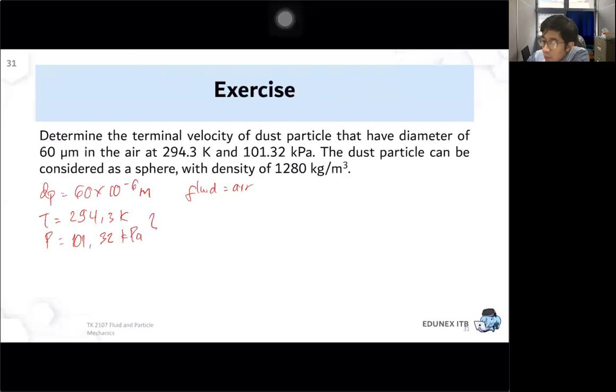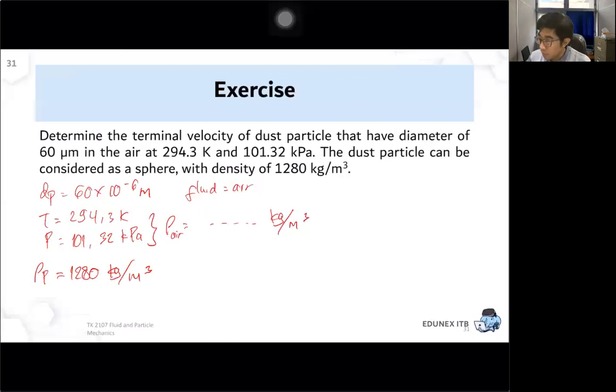By using the ideal gas law, you can calculate the density of the air. Then the density of the particle is 1280 kilograms per cubic meter.